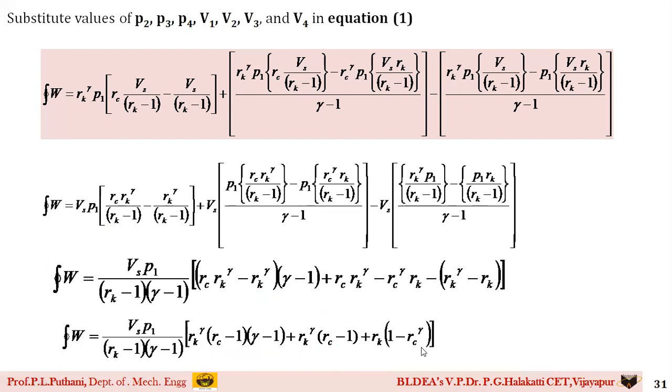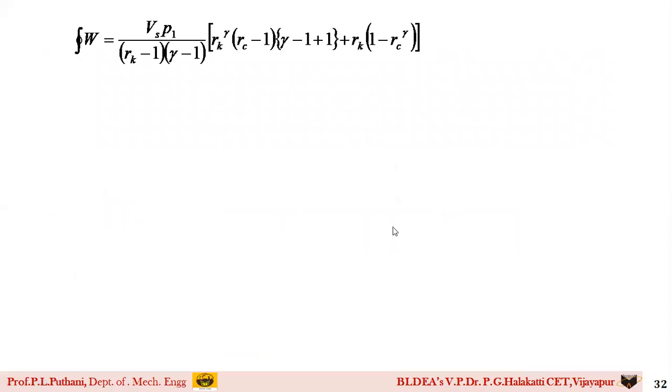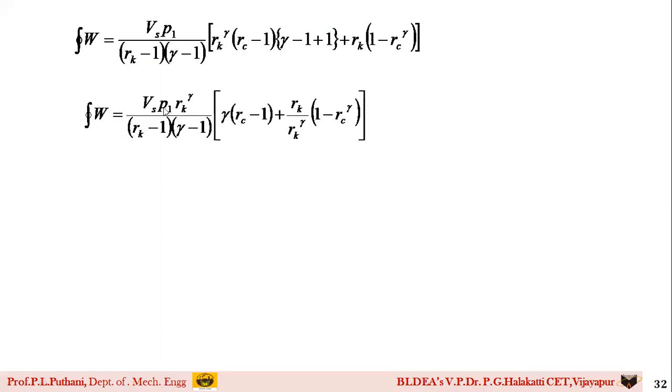So on simplification, what equation am I getting? Let us see here. I get it in this form, that is Vs into P1 by Rk minus 1 gamma minus 1, Rk raised to gamma, Rc minus 1 into, if I take Rc minus 1 as common, I am getting it in this form. Here minus 1 plus 1 gets cancelled, and finally the equation remains in this form, that is Vs into P1 Rk raised to gamma.